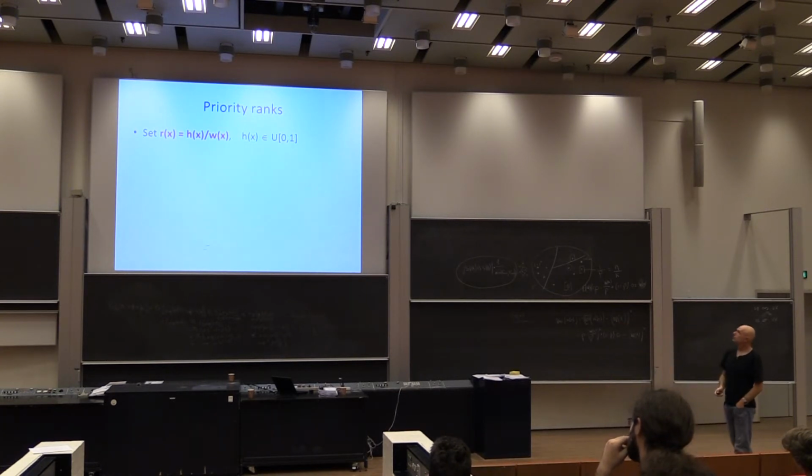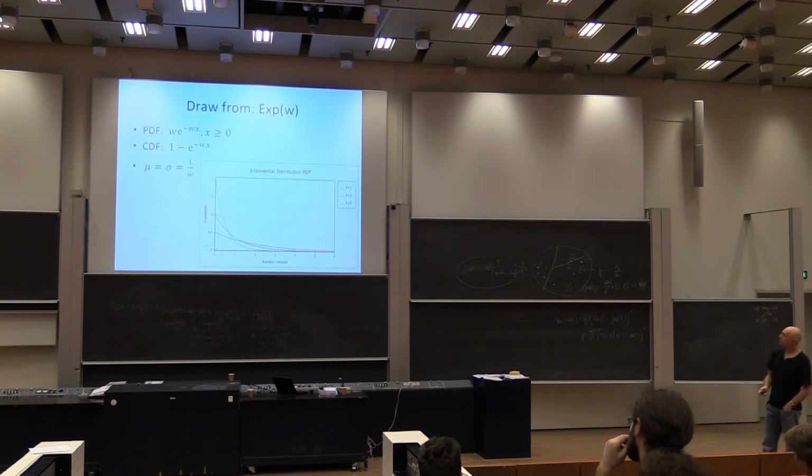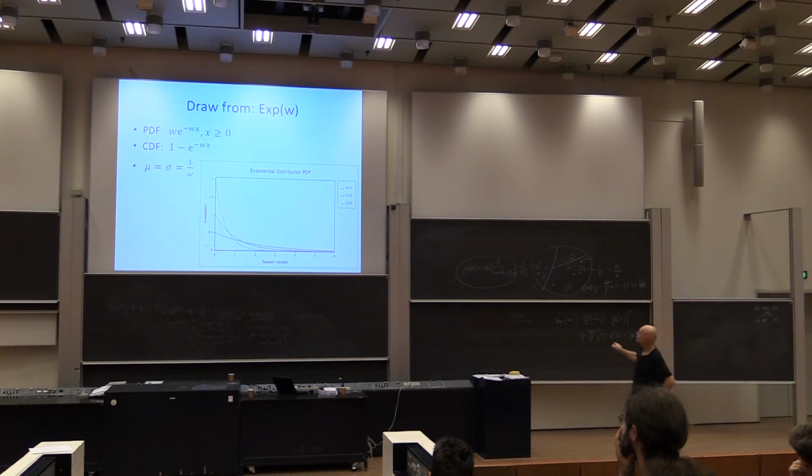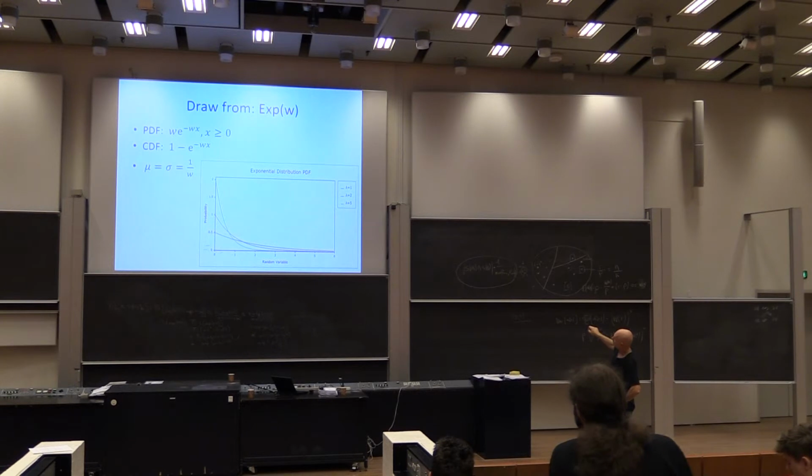Another way to do it, which has its advantages, is to take an exponential distribution such that the weight of the item is the parameter of the exponential distribution. So if the item has weight 1, I'm going to take an exponential distribution with parameter 1.